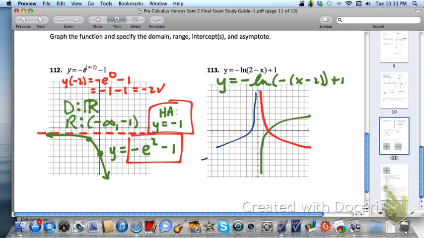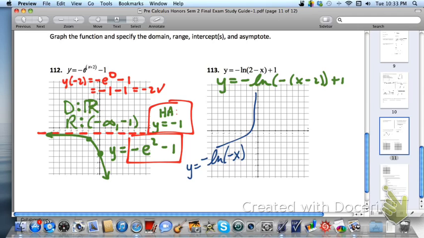So this is negative ln of negative x, that's the blue one. So let's erase the red and the green. Now we're down to y equals negative ln negative x.